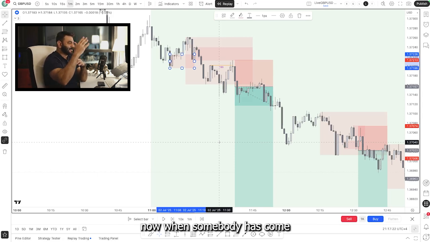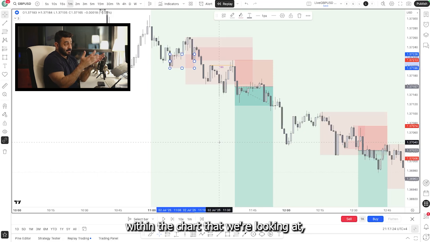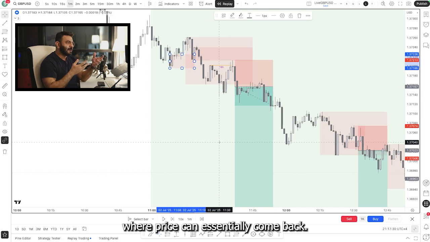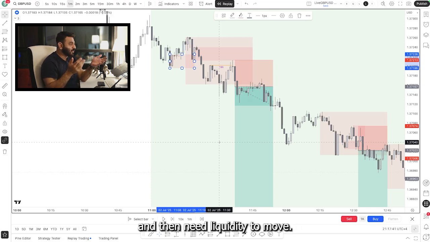Now, when somebody has come in, within the chart that we're looking at, it leaves those footprints. And our job is to identify those footprints where price can essentially come back, right? Obviously, banks and financial institutions want to get into the best price possible, and they need liquidity to move.